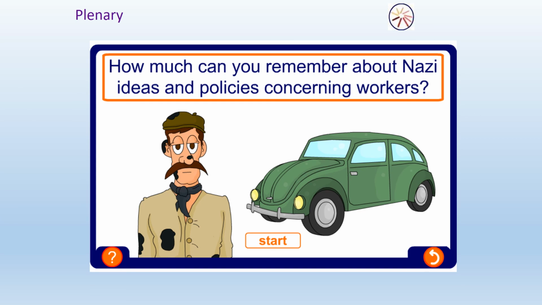Blut und Boden translates into blood and soil, and that was again a phrase used by the Nazis. And the last one, no worker in Nazi Germany ever received a Volkswagen. No cars were delivered.